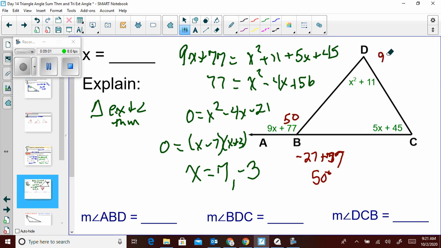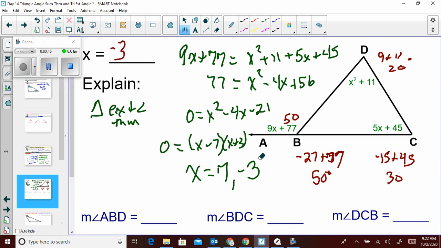Here, I'm going to get 9 plus 11, 20 degrees. That works. Here, I'm going to get negative 15 plus 45, which is 30. Well, that works. So negative 3 works.